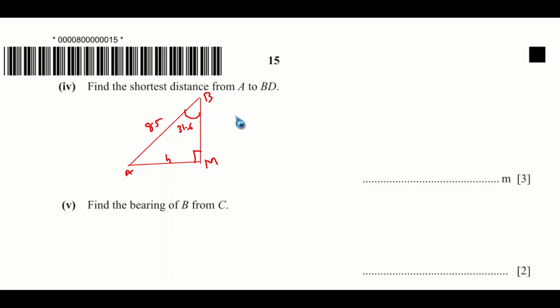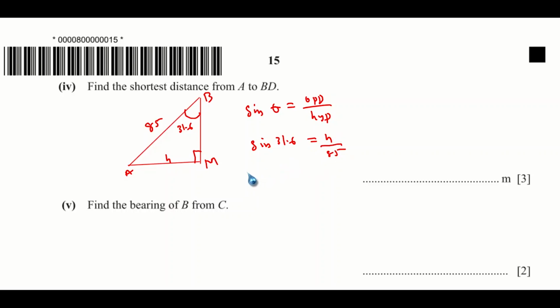So I can use sine theta, that is sine theta equals opposite over hypotenuse. So it will be sine 31.6 equals opposite, which is the height, over 85.